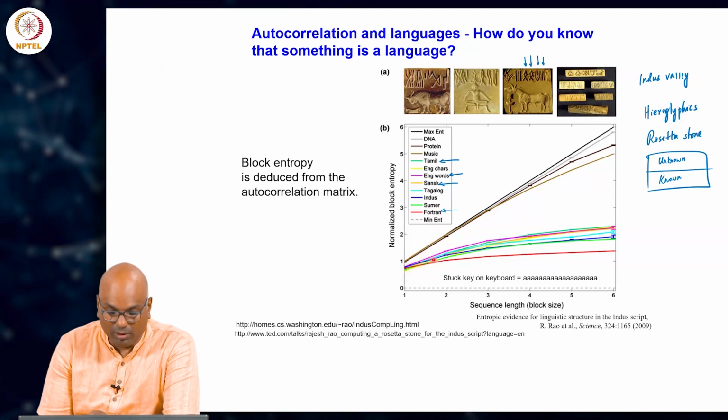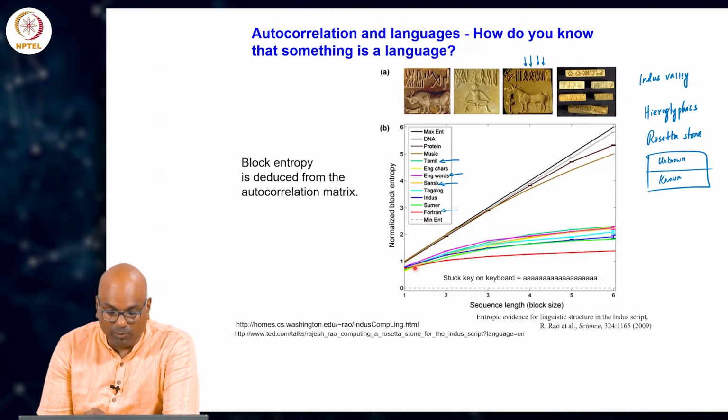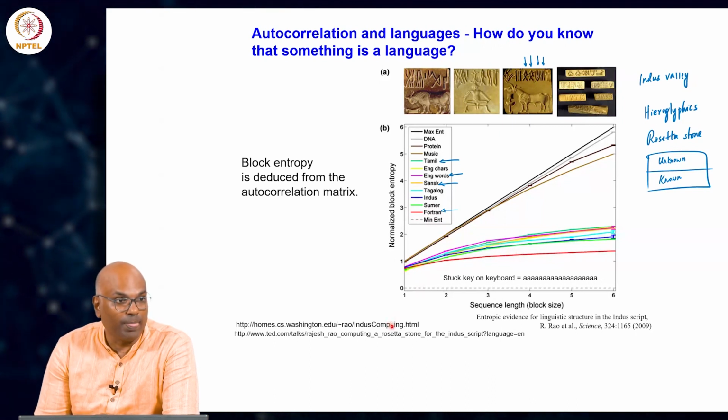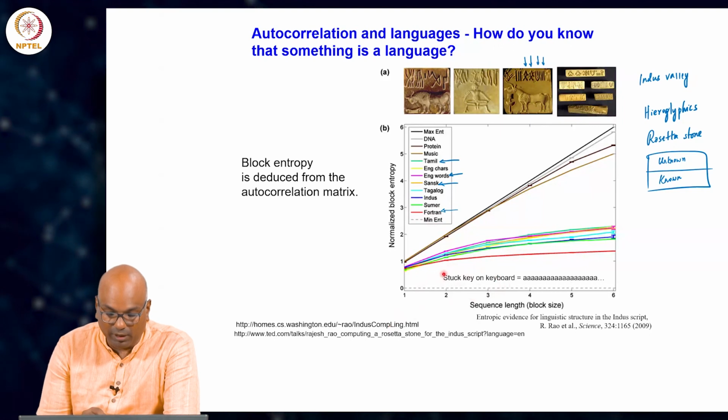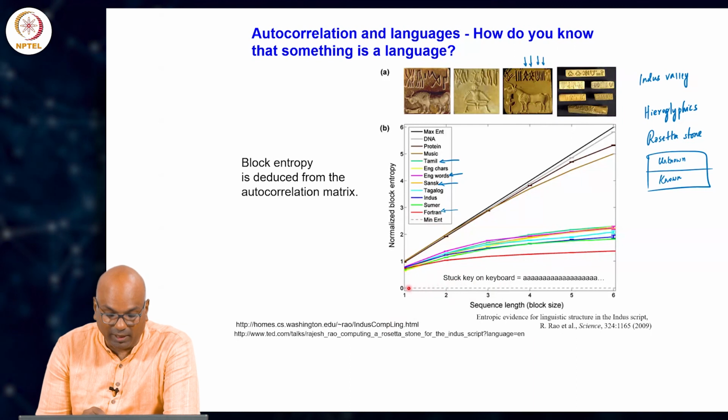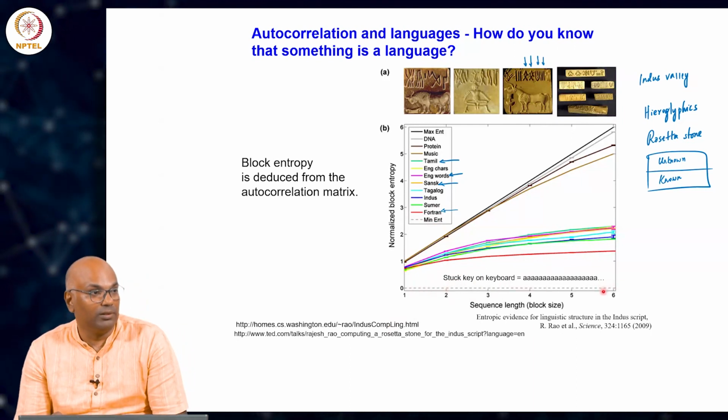This is one of the most ordered sequences you get. Whereas zero entropy, zero disorder, is a keyboard stuck maybe on the letter A. That is zero entropy, that is the line here.